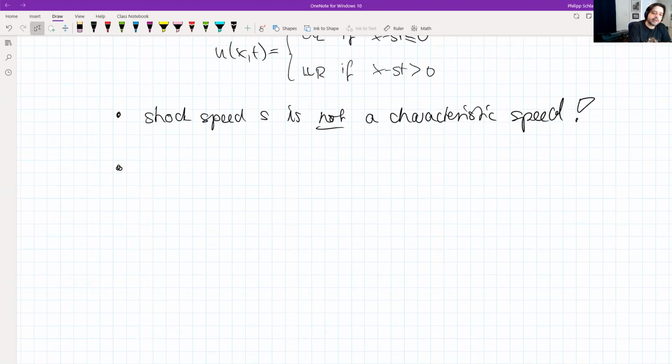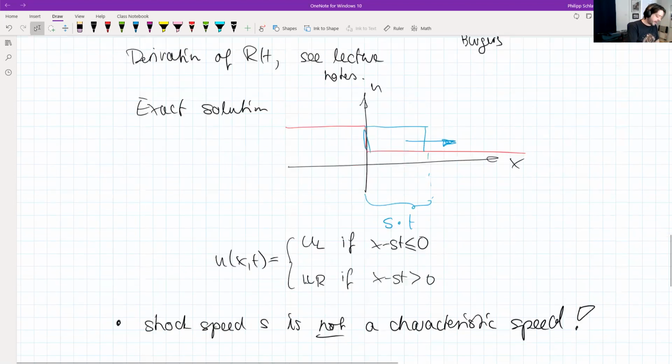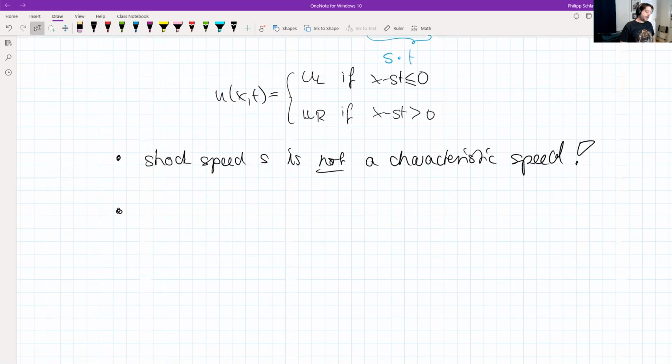The second comment I wanted to make is we need to make sure that the solution we have now obtained, which we just sketched, maybe a little bit with hand waving, is actually a solution that makes sense from a physical point of view.